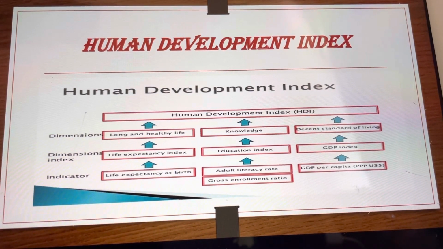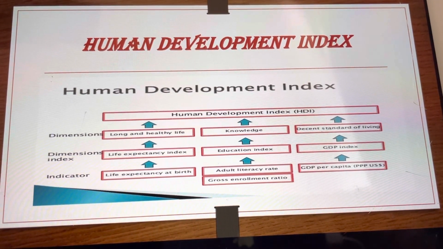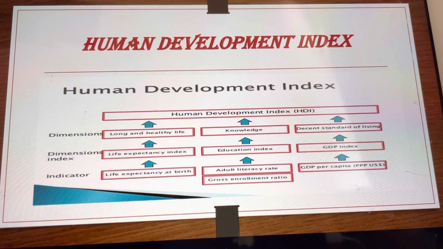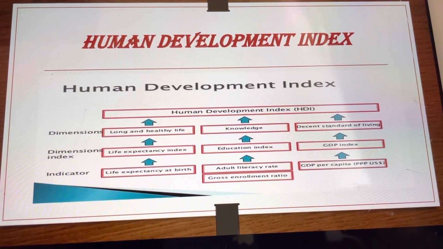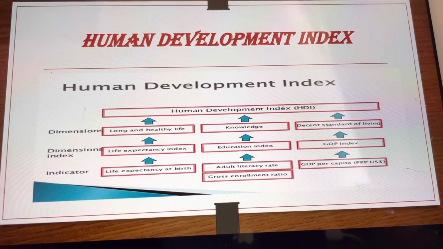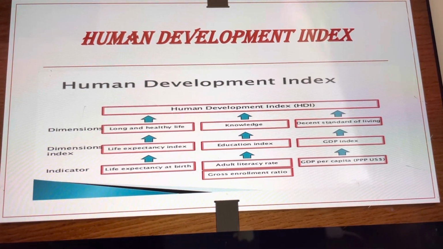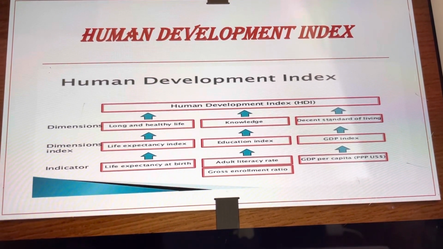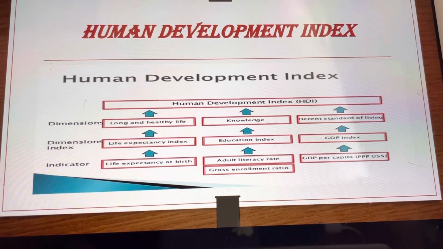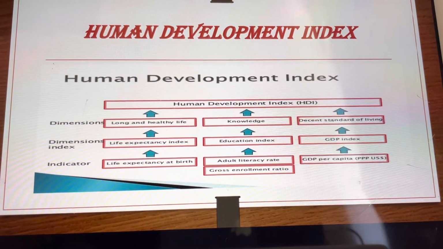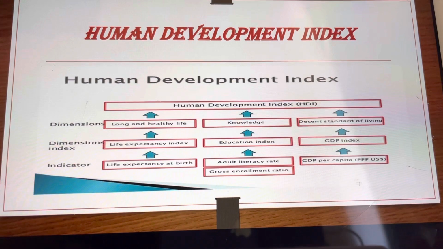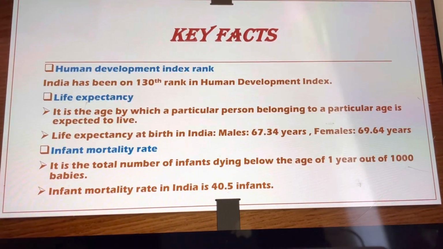Indicators: life expectancy at birth, adult literacy rate, gross enrollment ratio, the total number of students who are enrolled for schooling education, GDP per capita, PPP, US dollars, purchasing power parity.